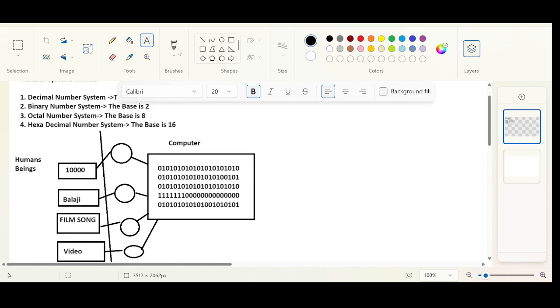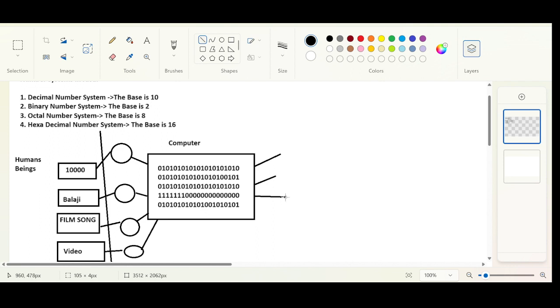After manipulating this data, again this data will be converted to the respective raw data, which can be understood by human beings. It gets transmitted back to the original data. You input something, it gets converted into binary values, and again the binary values will be converted into the original raw value and given as an output.